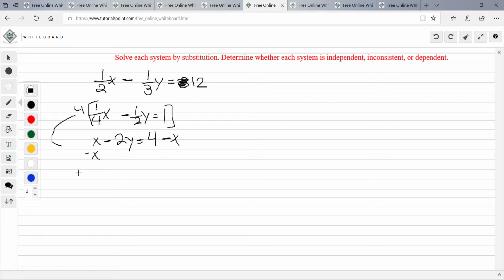So you get negative 2y equals negative x plus 4, and then divide everything by negative 2. Actually, hold on.